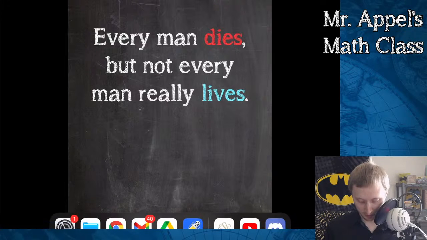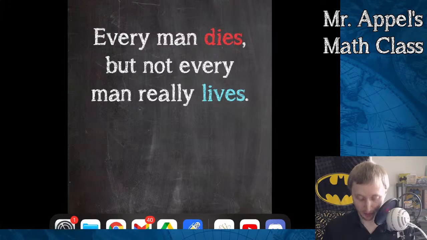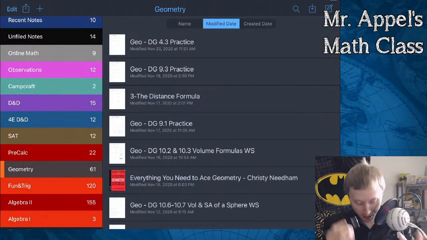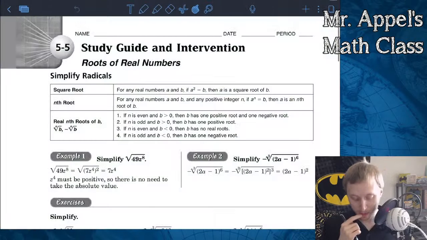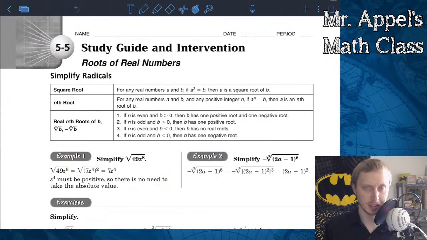But we're getting ahead of ourselves. For today, as well as tomorrow, so this whole week, we are preparing for rational functions, and that is to say, hey, remember how roots worked? And this is totally not a spoiler at all, right?